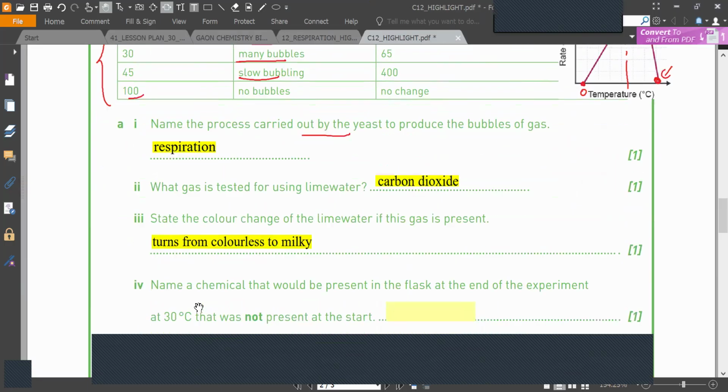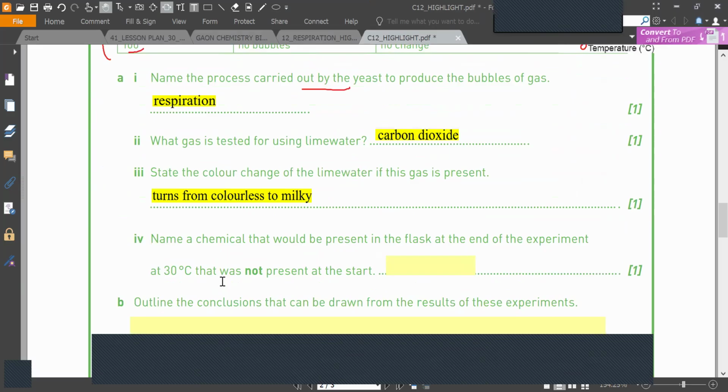Name a chemical that would be present in the flask at the end of the experiment at 30 degrees that was not present at the start. It produced carbon dioxide, and it also produced ethanol or alcohol.